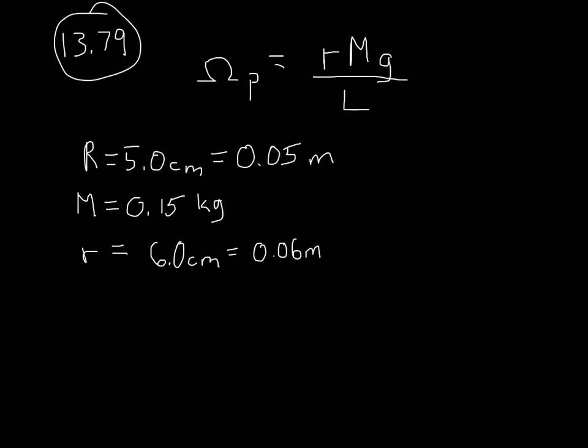And if you stand this top on its spike and start it spinning at a speed omega equals 200 revolutions per second, what will be its precession frequency? So I'm going to right away, again, convert everything to SI. One revolution is 2 pi radians.